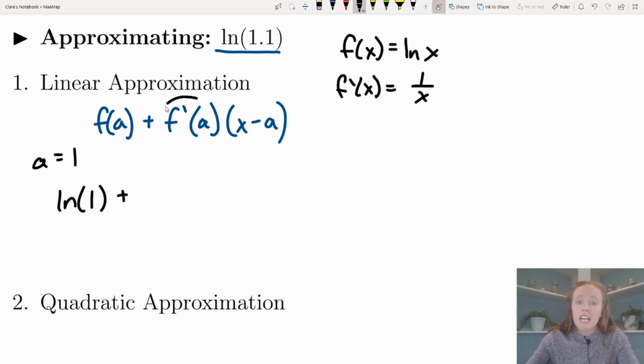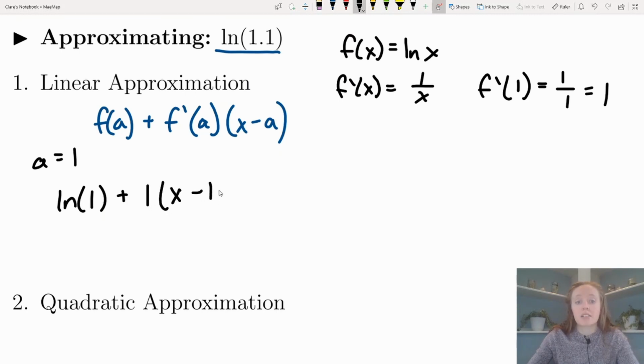But remember, we're taking the derivative of our function at some point a, so we're going to be plugging in 1 for a. So f prime of a, or f prime of 1, is going to equal 1 over plugging in 1 for x. That'll be 1. So we're going to add that to 1 times x minus a, which is x minus 1. So this is our linear approximation.